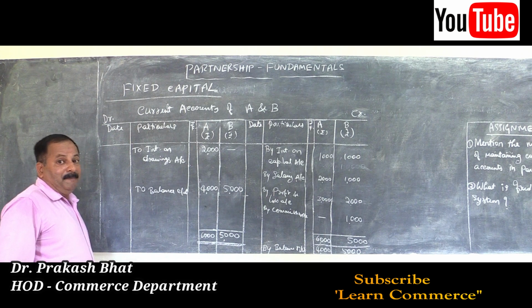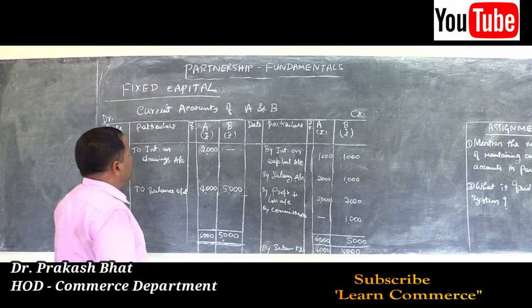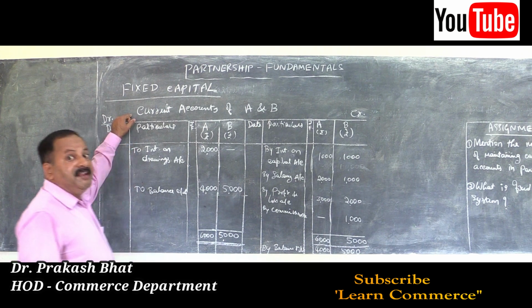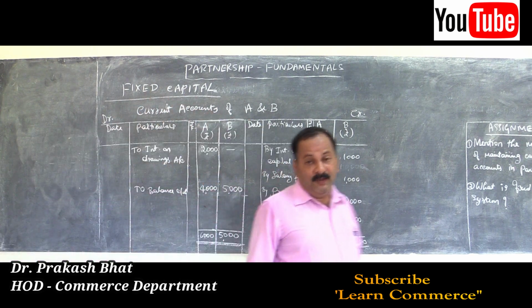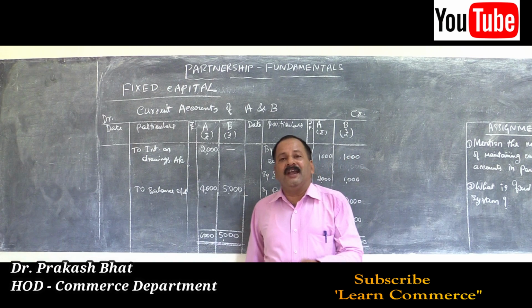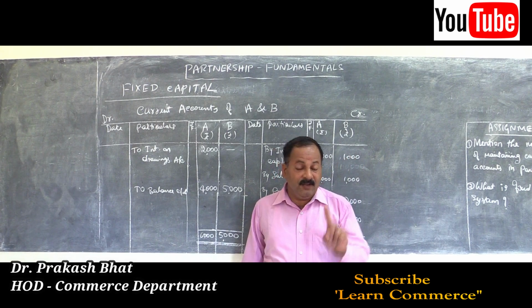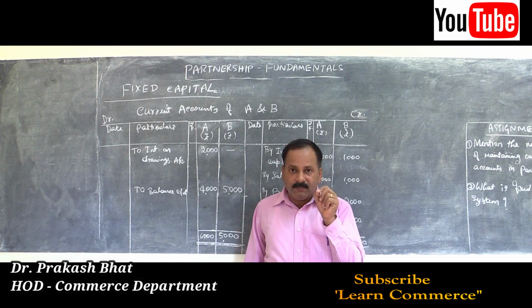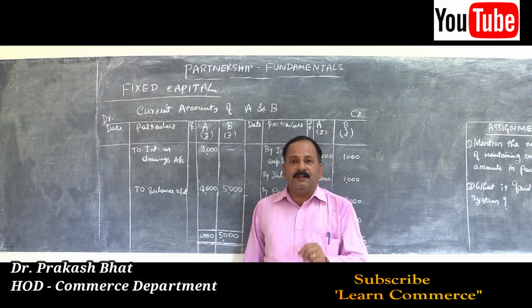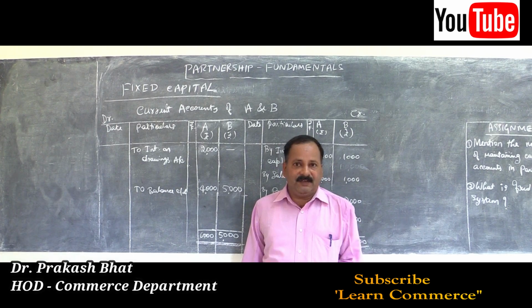Yes, let us prepare capital account under fluctuating capital method. As I already told you while explaining, under fluctuating capital system, no current account will be there. Remember, whenever you get current account in the examination, you should understand that it is under fixed capital method.